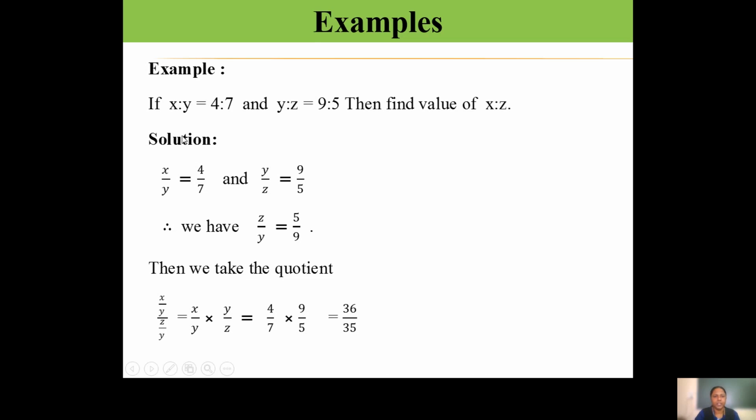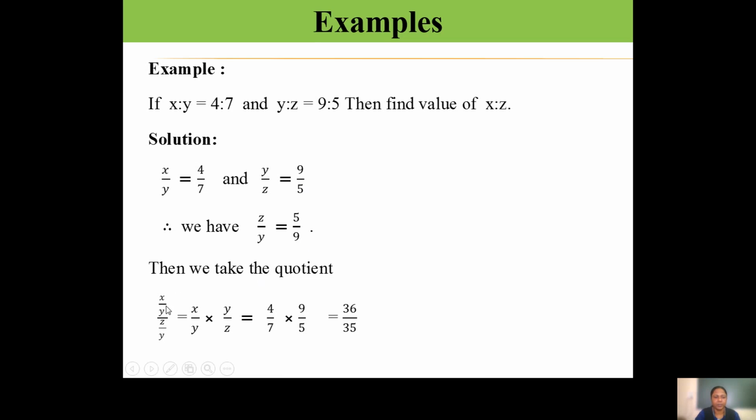Now we'll see the examples based on this continued ratio. Here, if x is to y is 4 is to 7 and y is to z is 9 is to 5, then find the value of x is to z. So we write in fraction form: x upon y is 4 by 7, and y upon z is 9 upon 5. Actually, we have to find x is to z, that is x upon z. So how can we get it?